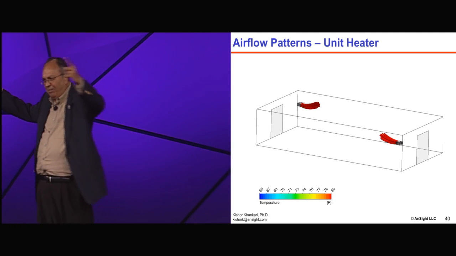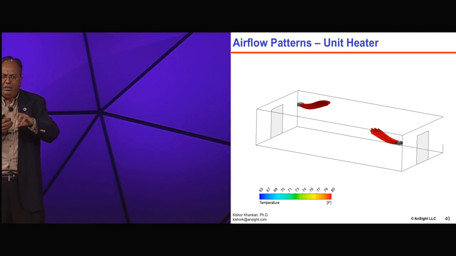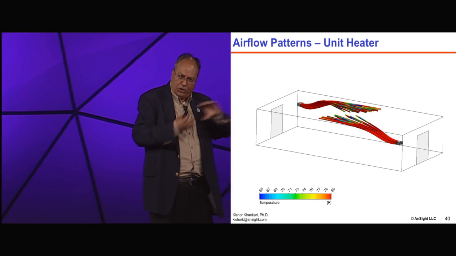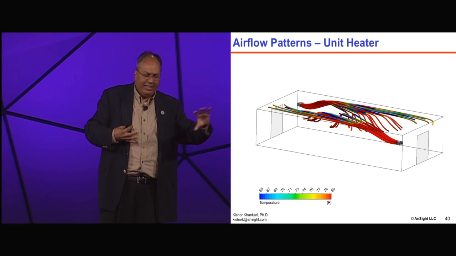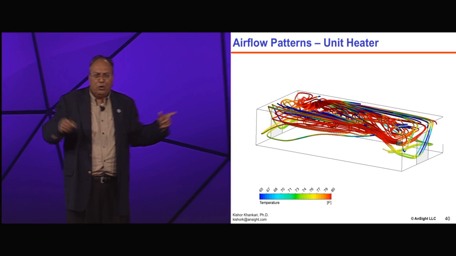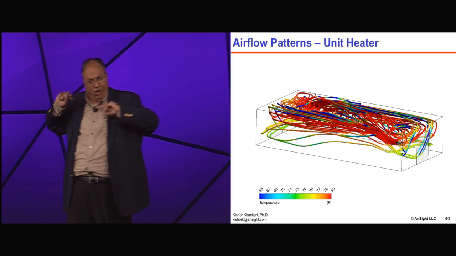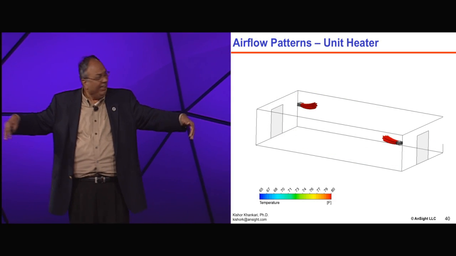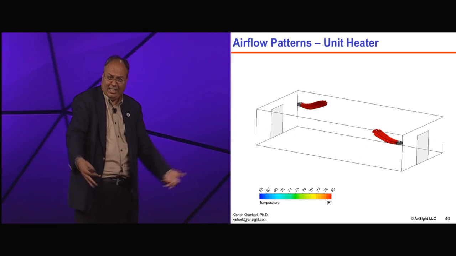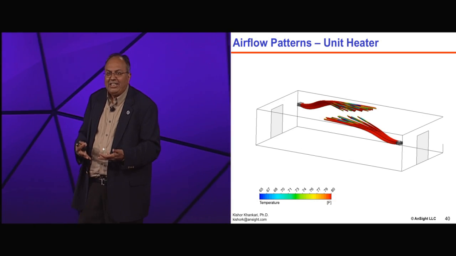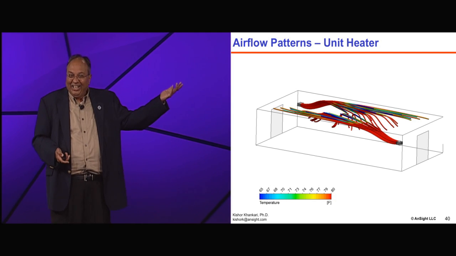The hot air goes up, hits the ceiling, and there is a throw. You remember they call it the throw from the heater? The throw is so high that the jet hits the opposite walls, and those walls are cold. So the hot air, when it hits the cold wall, gets cold, and then it moves along the walls and comes down. So what you're getting at the lower level is the cold air from the unit heater.